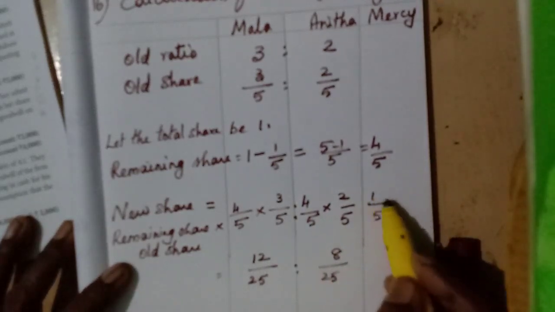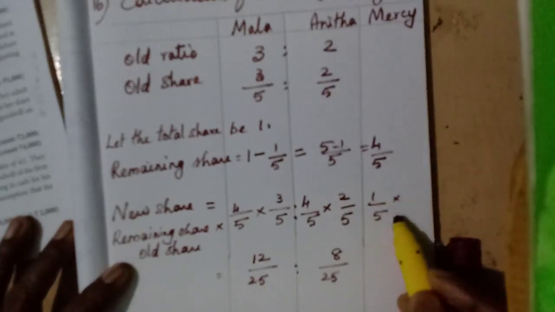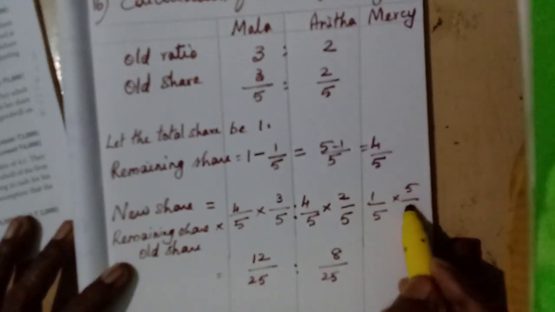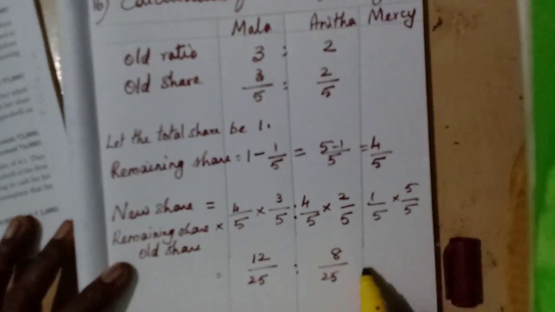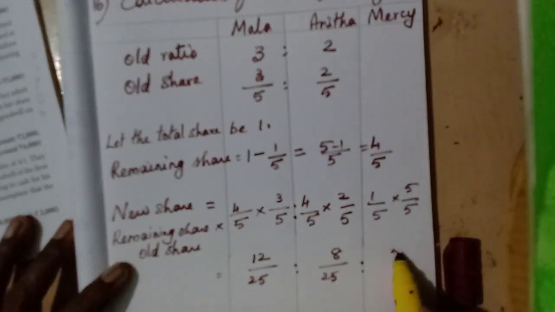Here you can do 1/5 into 5/5, which is 5/25. So the new ratio is 12:8:5.